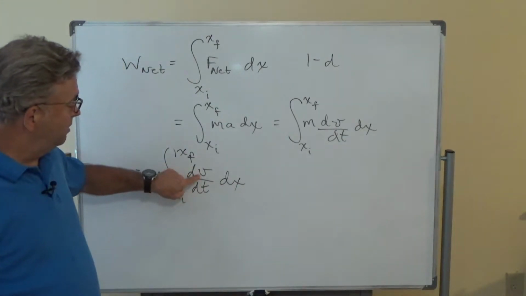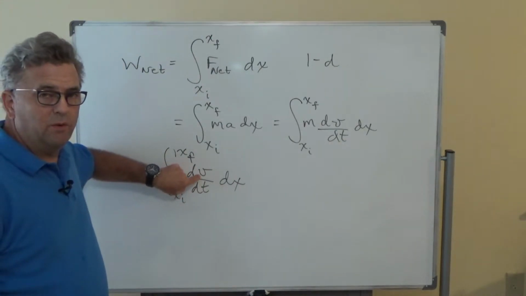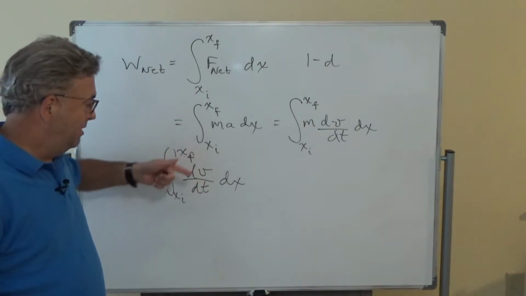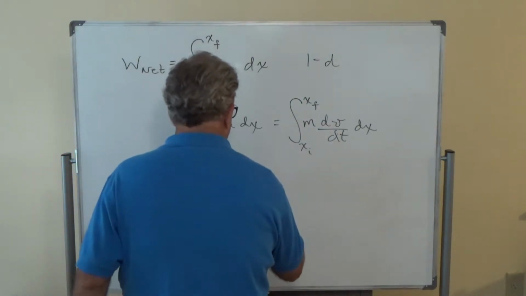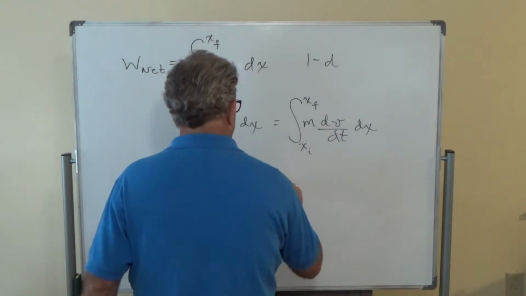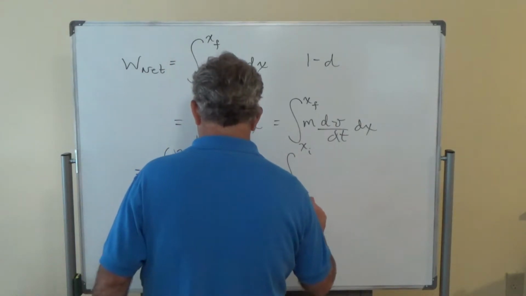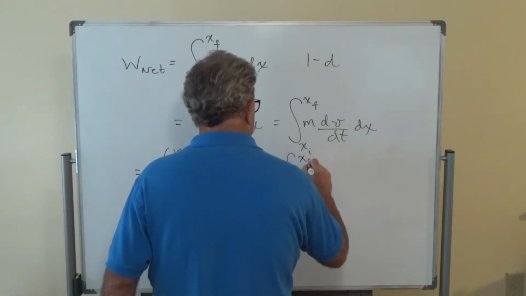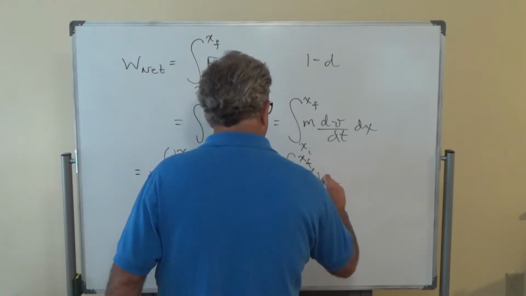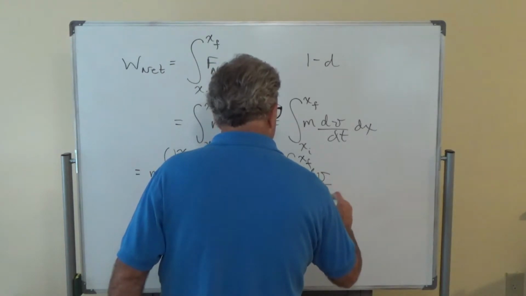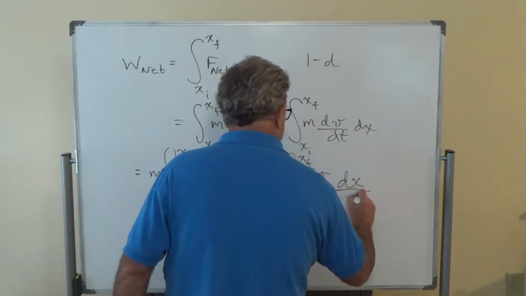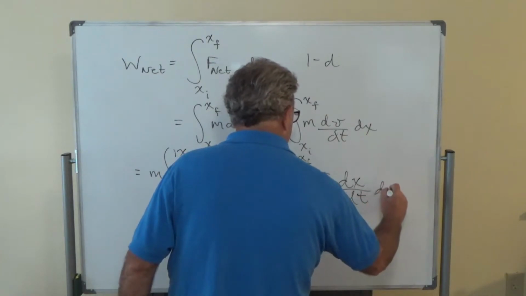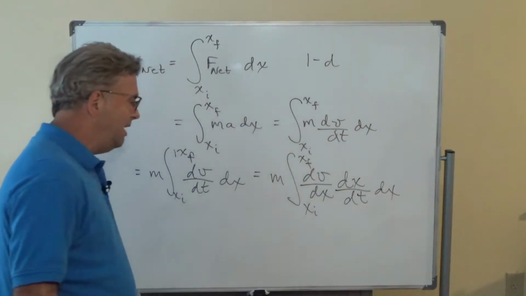Now, if v is a function of x, okay, then by the chain rule, this is equal to mass times the integral from x initial to x final of dv dx dx dt, and I still have a dx outside.